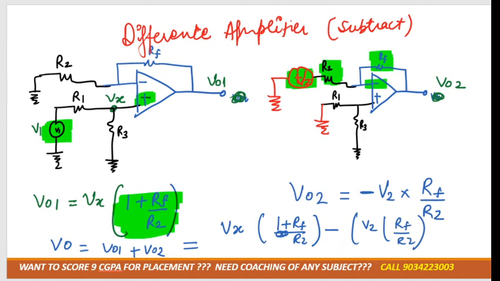I just simply put down the values for V0, V01 plus V02. Got it? But now we have to calculate the value of Vx. Can you tell me what is the value of Vx over here?